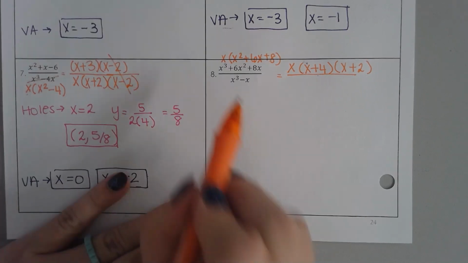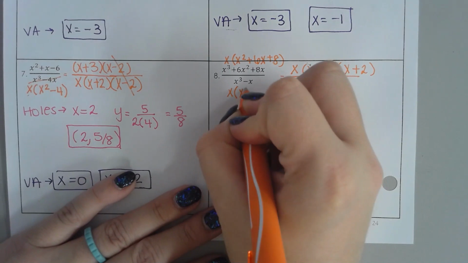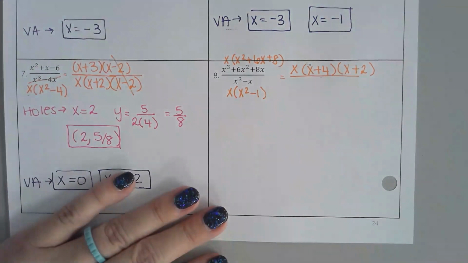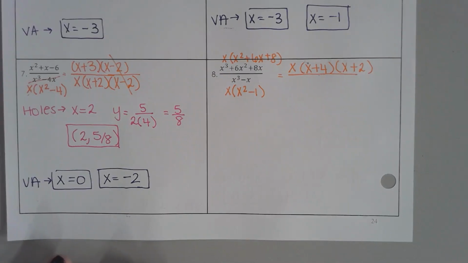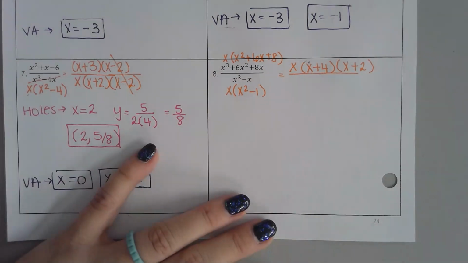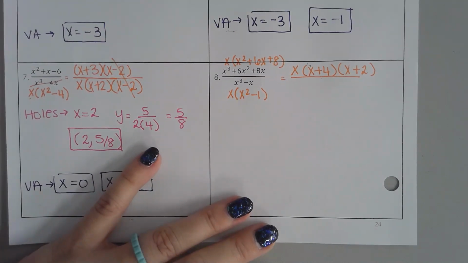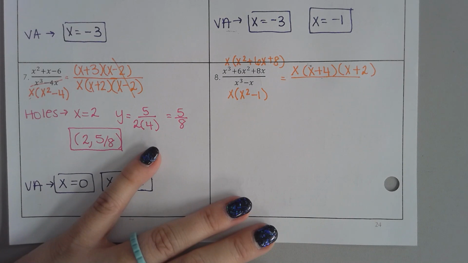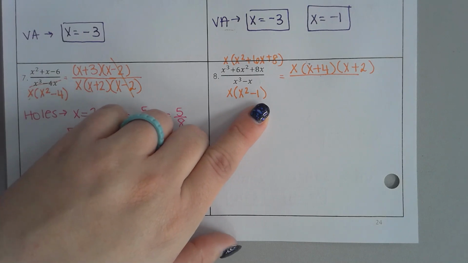And then the denominator also has a GCF of x. When I factor that out, I'm left with x squared minus 1. What's special about x squared minus 1? It's a difference of squares. 1 is a perfect square. 1 times 1 is 1.